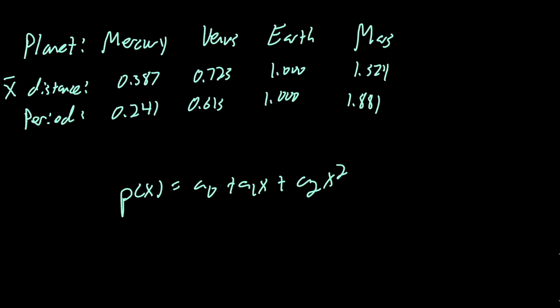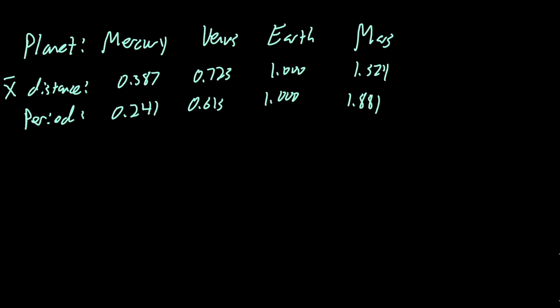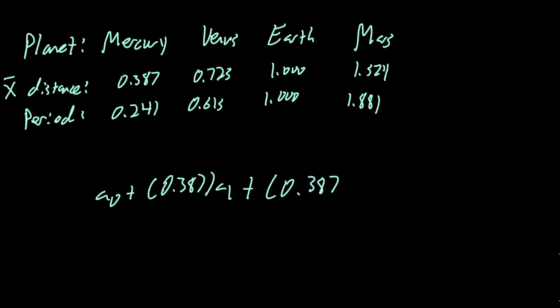The system of linear equations obtained by substituting certain points into p of x will use the mean distance of both Mercury and Venus. So let's plug the mean distance into this polynomial, and as a result we should get a0 plus 0.387 a1 plus 0.387 squared a2, which is equal to 0.241.